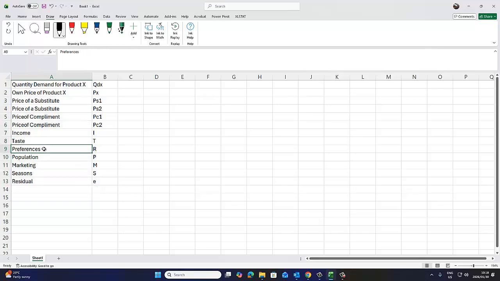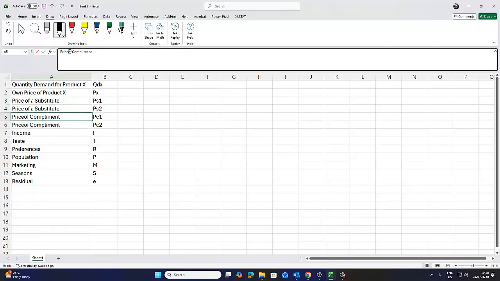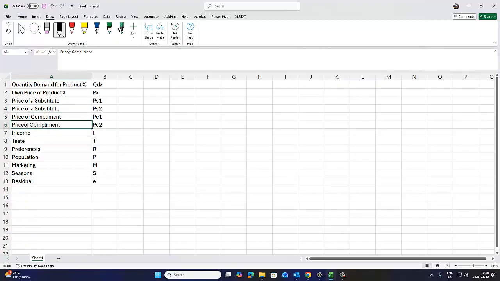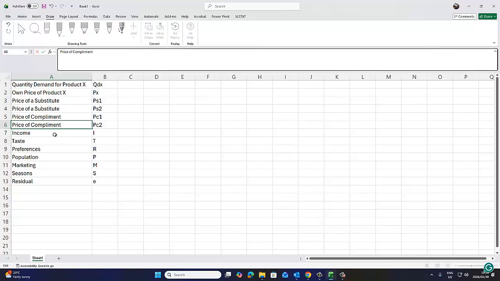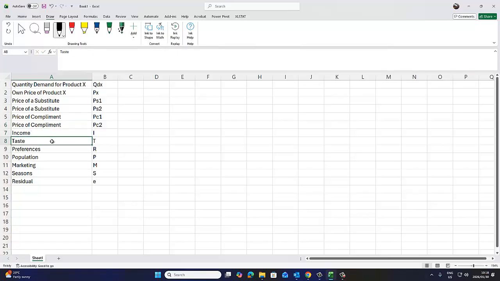Some are difficult, like preferences. The price of these items is easy to estimate, you can just go and look at it. Income, we know. Taste, but preferences are a little bit more tricky. But these are all observable phenomena that we can include.